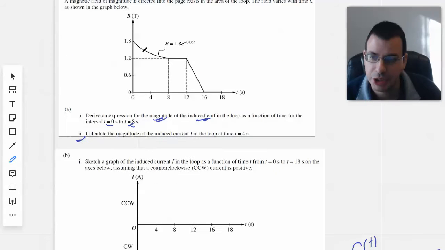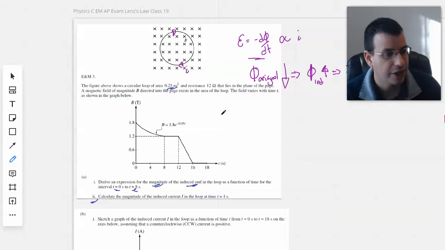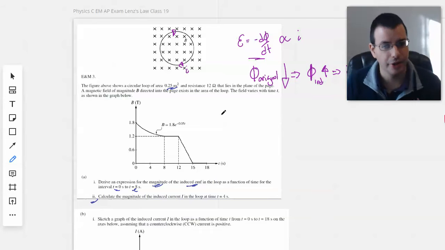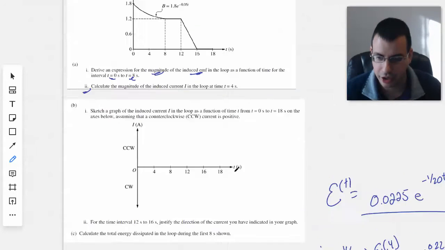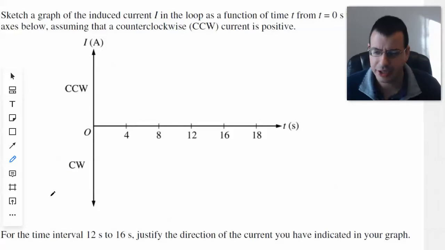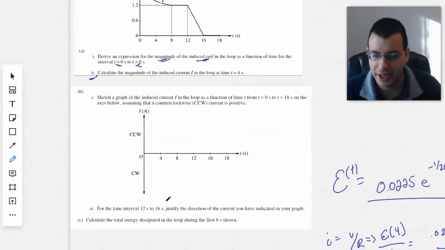And this part here is exponential, and so the EMF, and therefore the current, will be proportional to the derivative of that. So the derivative of an exponential is an exponential. So we'll start by drawing, zoom in. I've been leaning on blue a lot. I like blue. Okay, so the exponential goes to what? 8? 8.